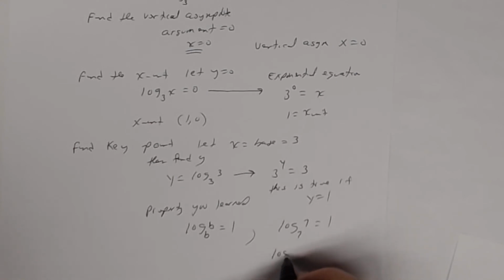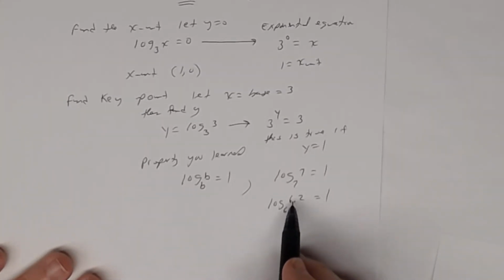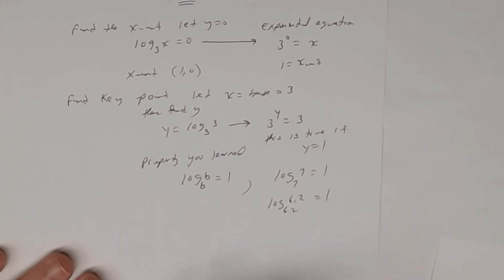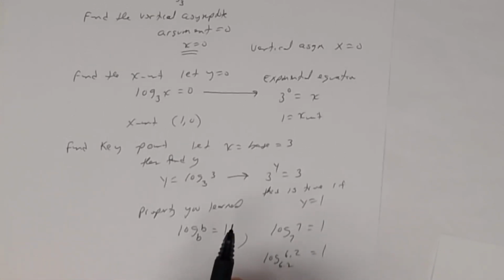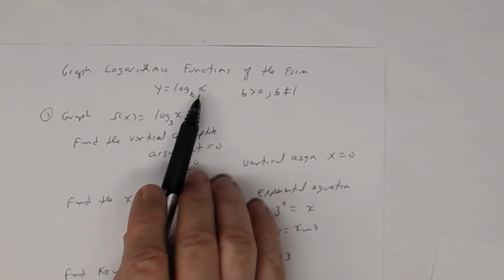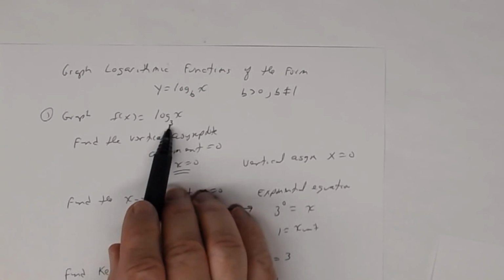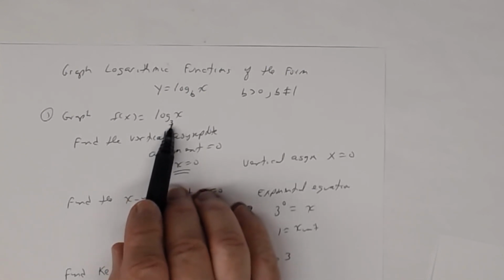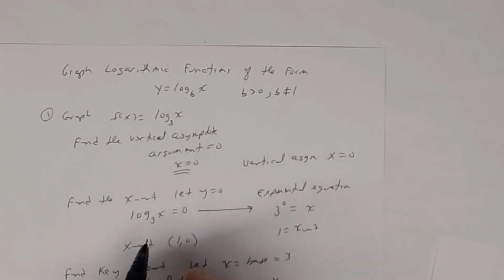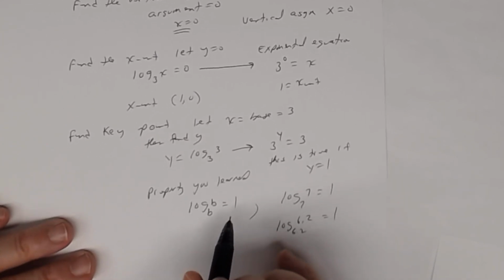The log of 6.2 base 6.2 equals 1. So whenever the argument and the base are the same, then the log of that number with that same base is equal to 1. All right? So the key point you should always use when it's in this form is to let x equal this base. So whenever x is equal to the base, my y value will always equal 1.